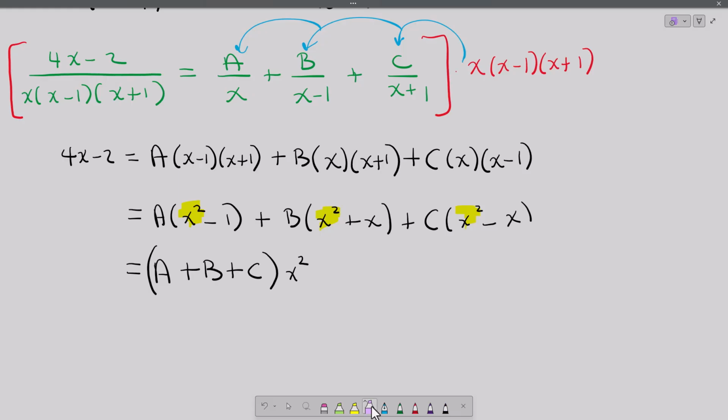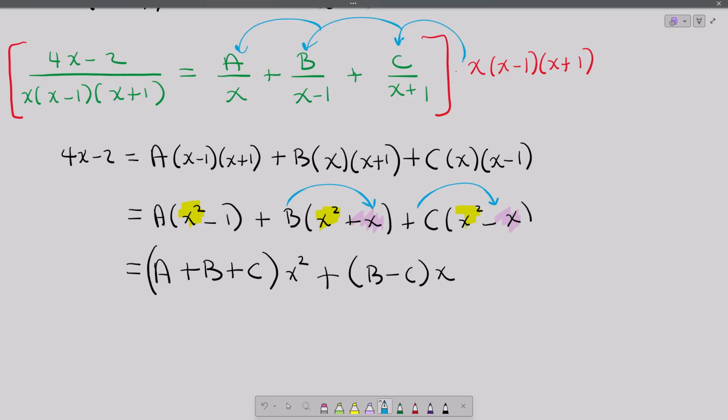Now let's look at the linears. No linear from here. The next term here is going to be a constant. Here's a linear, and here's a linear. So the coefficients of the linears will be bx and minus cx. So b minus c will be the coefficient for x. So we're taking the bx and the negative cx.